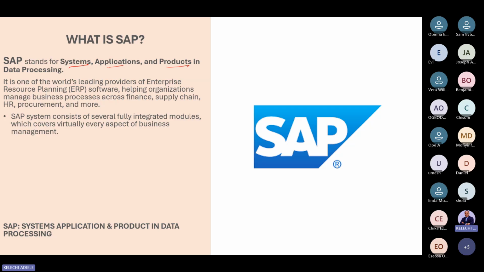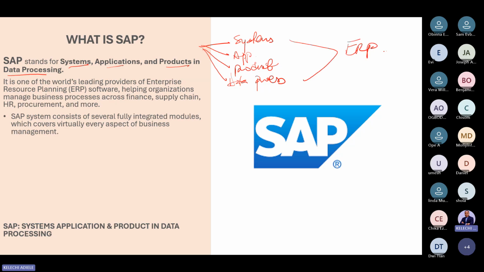So it's a word that carries a lot of meaning. And of course, there is data processing 4. So 1 is systems, 2 is application, 3 is a product, and 4, there is data processing. And all these are features of what we call ERP.